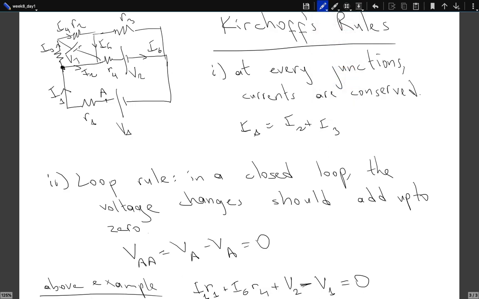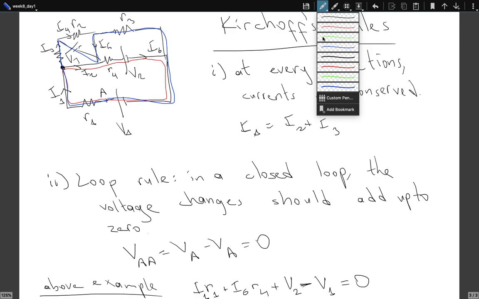You see, in that one, what I did was I started from this point, summed all the potential drops across this loop. Well, I could have done something else. I could have started from point A, went all the way up here, then diagonally, then here. Again, the sum of the potential drops should be 0.